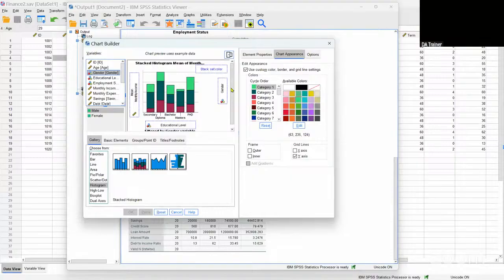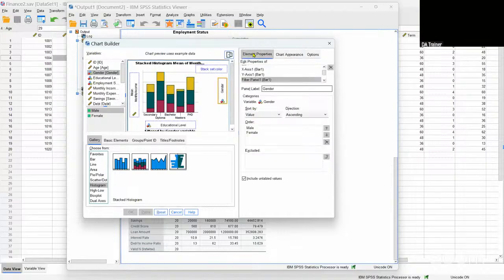All right. So at this point, I'm looking for a good color. Okay. Male, then female. Beautiful.